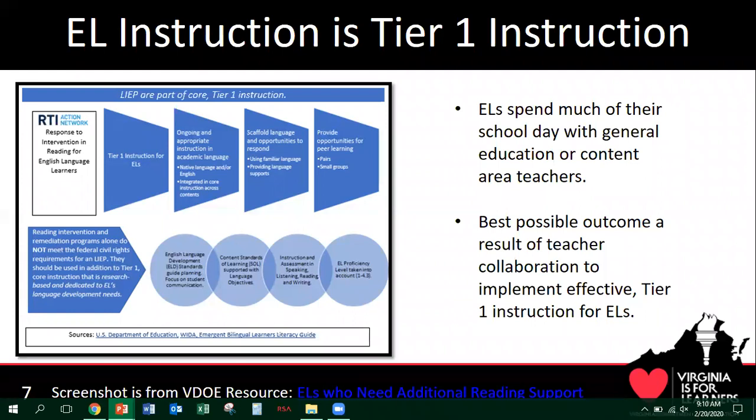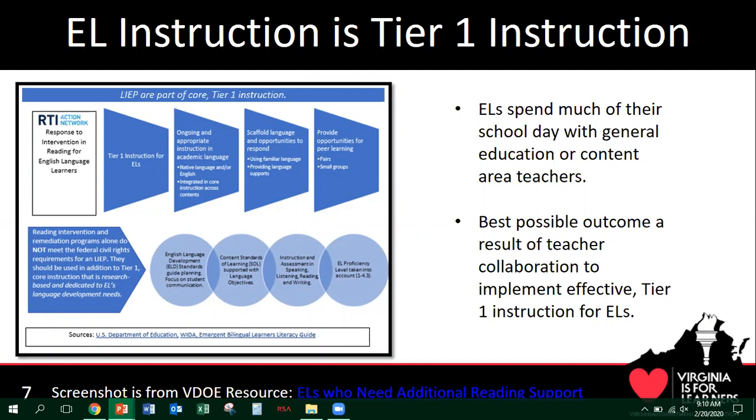It's actually a civil right for the students to be able to have access to the unique instruction focused on academic language that they will need to be successful. And reflecting, if you think about your schedule and your day with English learners, and that in comparison to what it might be for a language instruction educational program, or LIEP specialist, so the ESL teacher, in other words, most of the day an EL spends in instruction is with a grade level teacher or content teachers.